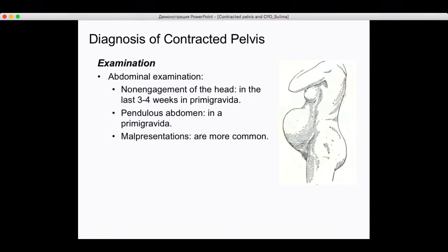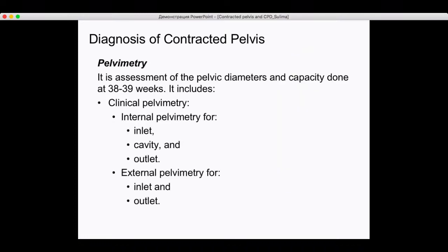You can see clearly in the picture the changes in the form of the abdomen, such as pendulous abdomen, due to the non-engaged fetal head. Normally, in the last 3 weeks in a primigravida, the fetal head starts to engage. And maybe malpresentations are more common. These help you in the diagnosis of contracted pelvis.